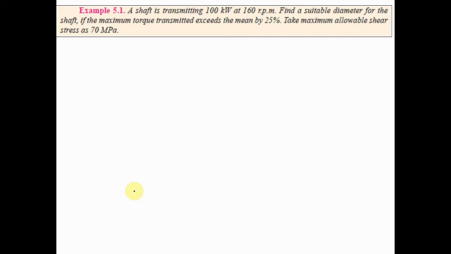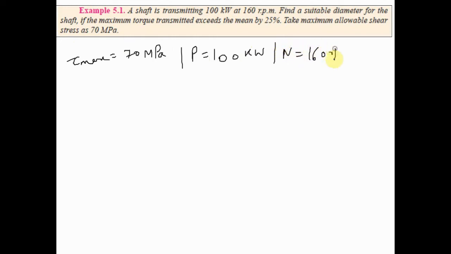The maximum allowable shear stress we can write as tau max, which is equal to 70 megapascals. Then we have the power transmitted, so power we can write as 100 kilowatts. RPM is given as capital N, we can write 160 RPM. Then we need the suitable diameter for the shaft, and they have given the mean.